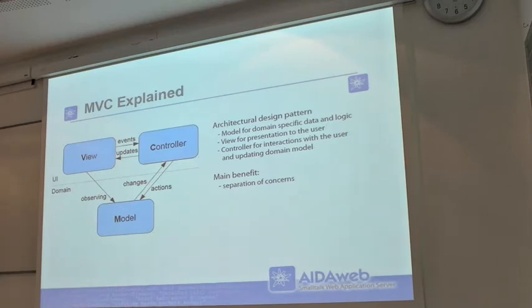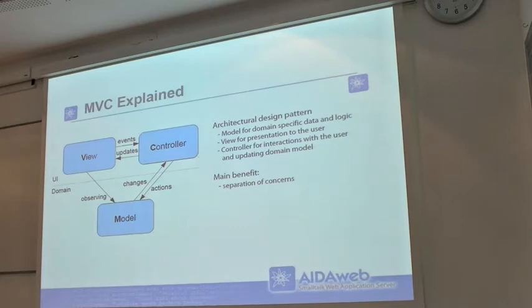Okay, model is that. View is for presentation, of course, to the user, and controller for interactions with the user, and then updating the domain model. This picture here is a bit different than you usually see in pictures of MVC, because you have those events, updates, changes, actions, and view observing model.